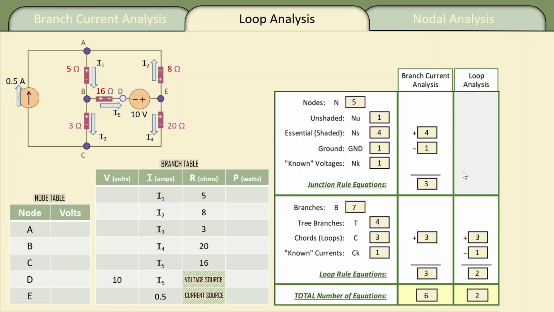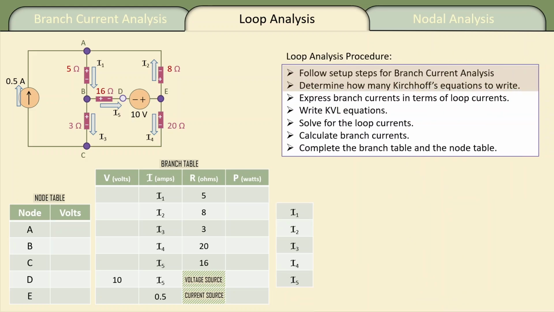First off, loop analysis only requires loop rule or KVL equations. We do not write any junction rule or KCL equations. And we get to take advantage of the fact that we have a known current source, half an amp. So 3 minus 1, that's 2 loop rule equations to write. So there's a total of 2 equations to write instead of 6.